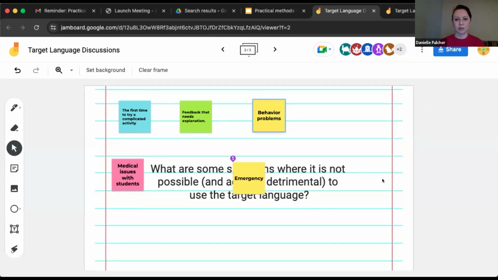Any emergency, yes. Whether it's medical, whether there's fire or tornado, you cannot use a second language with that. That has to be done in L1. Very good.